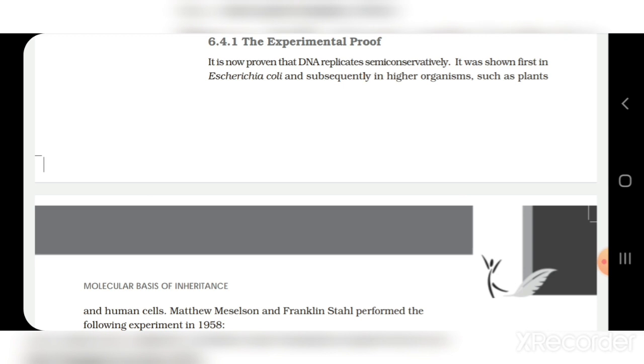What did they do next? These bacterial cells containing N15 were then transferred to a medium containing normal nitrogen, that means N14H4Cl, and not the heavy isotope of nitrogen, N15.